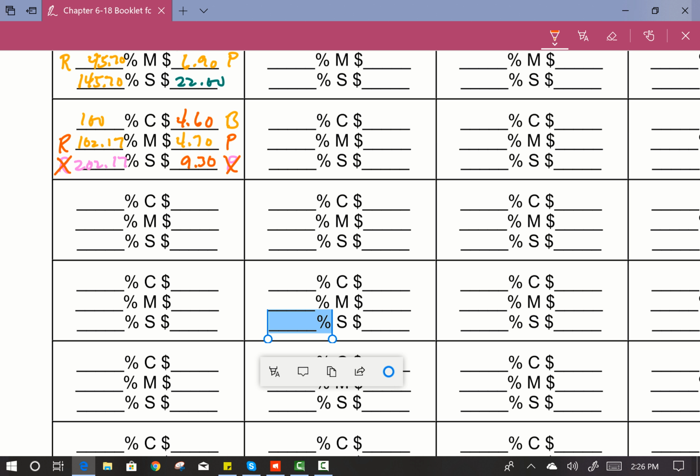So in this particular problem, I marked it up $4.70, which is 102.17% of cost. That means that the cost of the item is $4.60 and I sold it for $9.30. Okay, now let's go ahead and take a look at number 7.